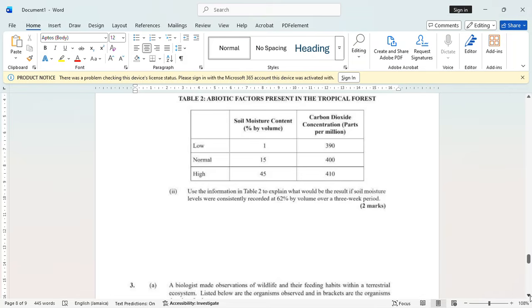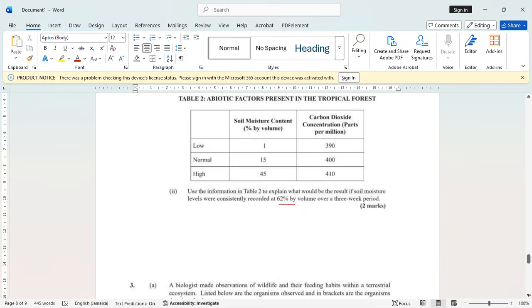So what will happen? So remember, at 45, the water content per percentage by volume is high. Now we record 62% by volume over a 3-week period.